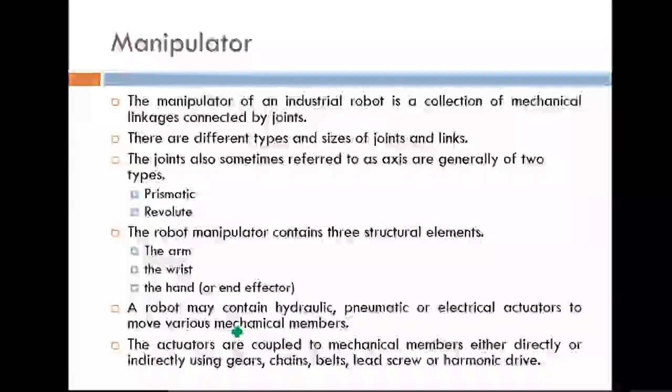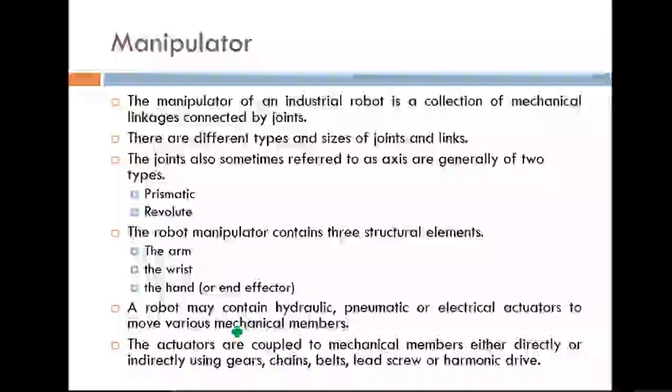The joints, sometimes referred to as axes, are generally of two types. We already understand which types of joint. There are the prismatic joint and the rotary joint.